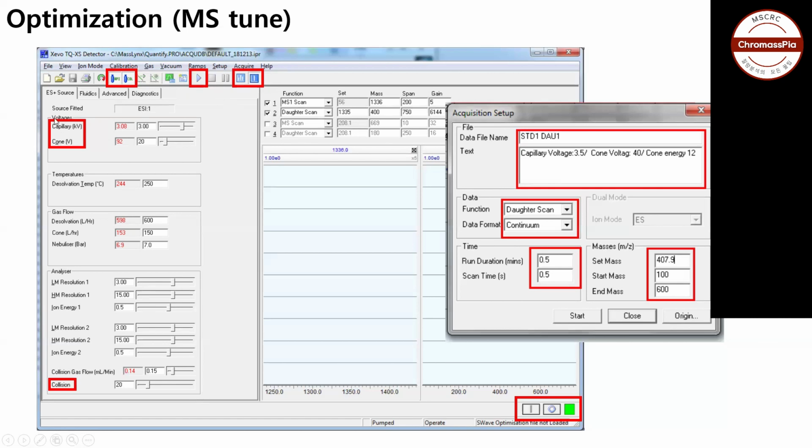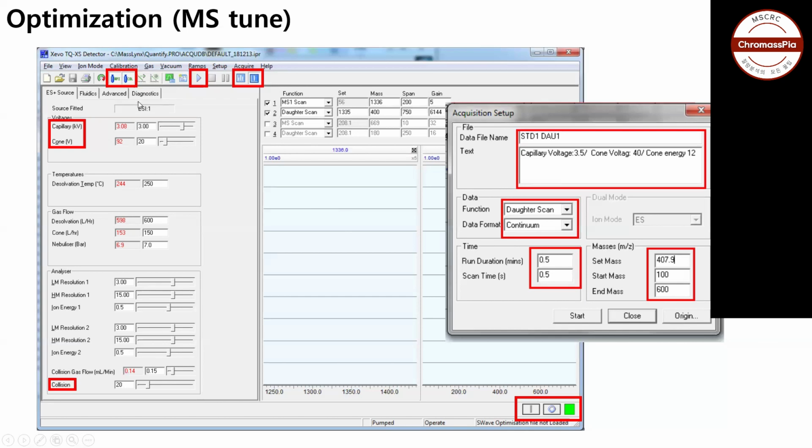And then after we find the adequate voltage, we can turn on the collision gas and MS mode and find the collision energy. We can turn on the triple quadrupole with this button. When the green light is on here, it means that the TQ is on.